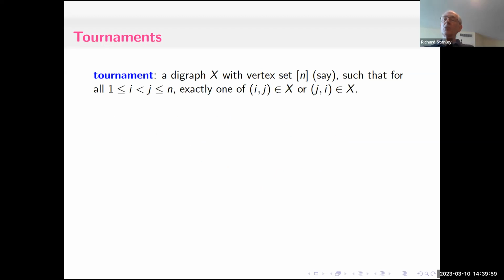So what more can we do with that? Right, digraphs. So let's look at a special case, tournaments. Recall the definition: a digraph X on vertex set 1 up to N, such that for every pair of distinct vertices, there's exactly one edge between i and j, either i to j or j to i.